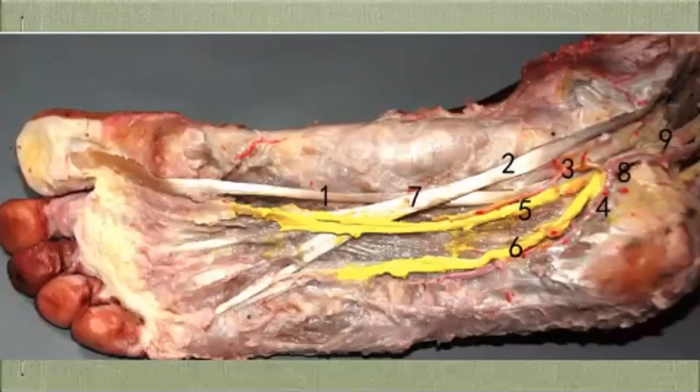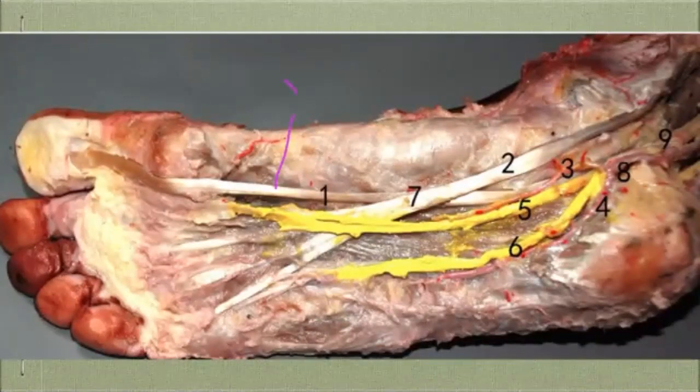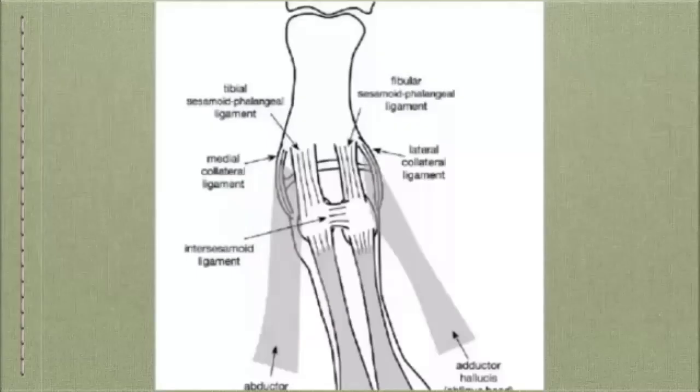So this one is the flexor hallucis longus tendon, travels all the way. You see, this is the sesamoid bone, all the way to the distal phalanx, right. This is flexor digitorum longus. You see, this is the intersesamoid ligament, right.